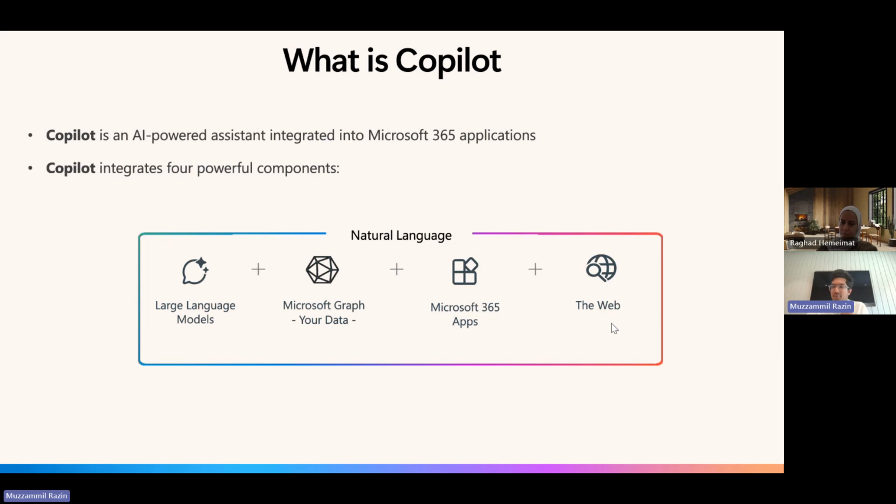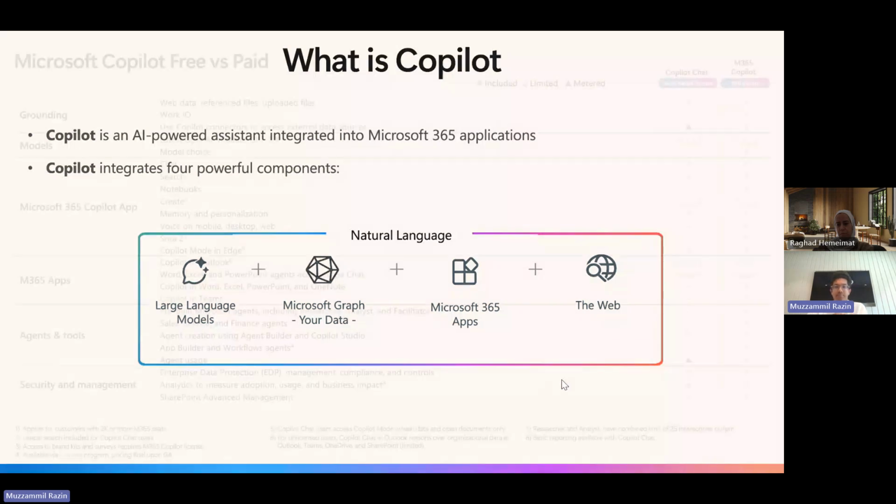Of course, the web component of Copilot is also available when you want to pull web data from public websites. Then the fourth component of Copilot is also very important. So those are the four different components of the whole Copilot system.